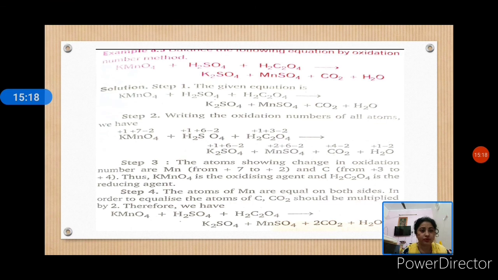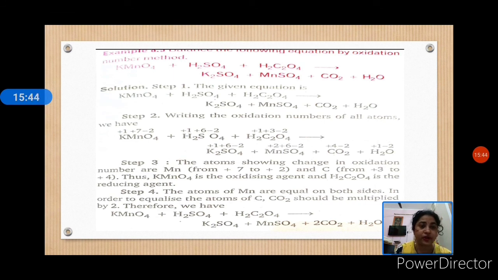Let's solve one equation which is given in your book. So you are requested to open your book. I'll tell you the page number. In the new book, the page is 537. Those who have the old book, please move to the topic balancing of redox reactions and oxidation number method.